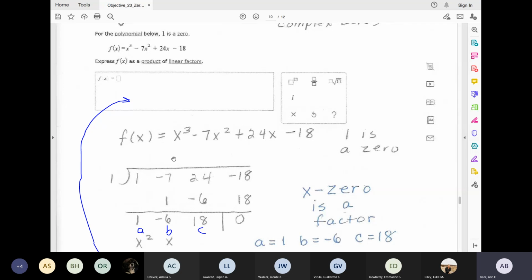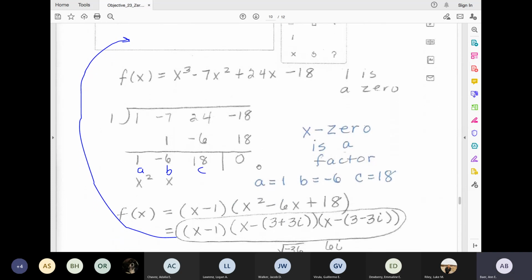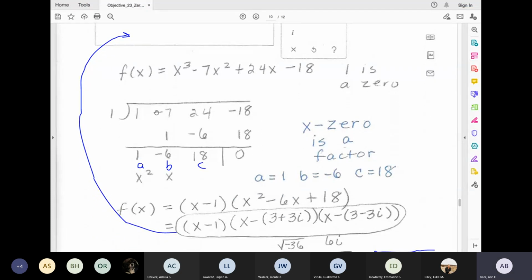Our coefficients go in here, and we've got them all. So we've got 1, negative 7, 24, negative 18. So let's do our synthetic division. Drop, multiply, 1 times 1 is 1, add, get negative 6, multiply 1 times negative 6 is negative 6, 24 minus 6 is 18, multiply 1 times 18, 18, negative 18 plus 18 is this 0, which we expected to get.